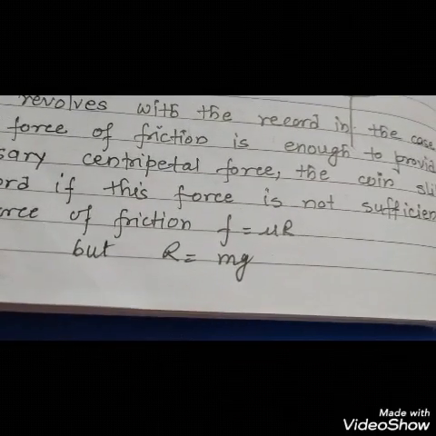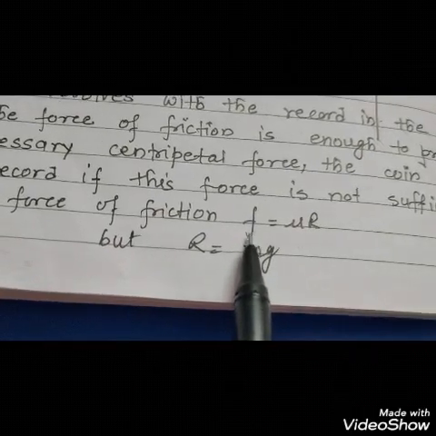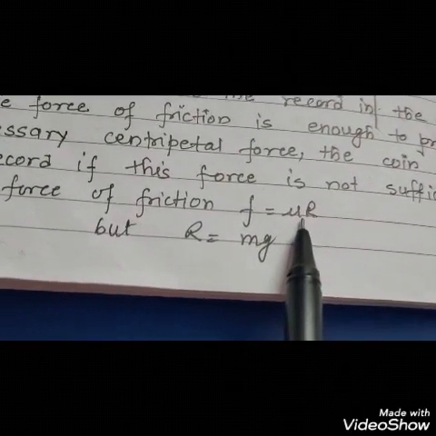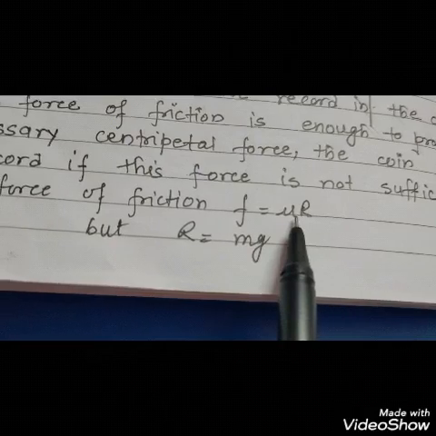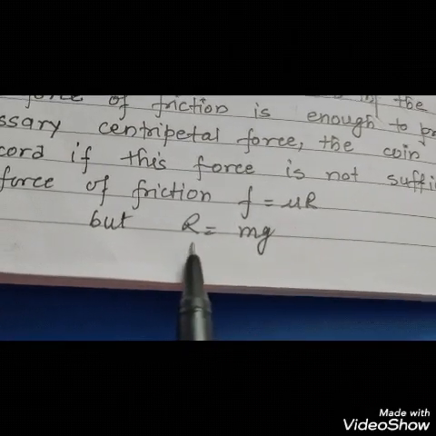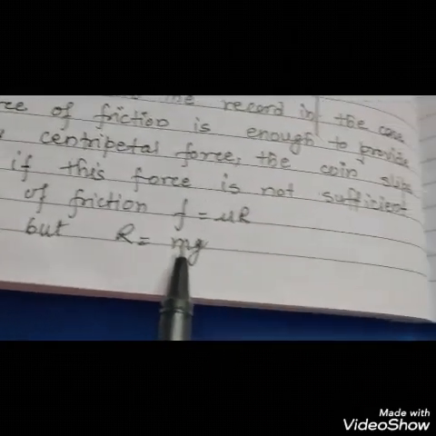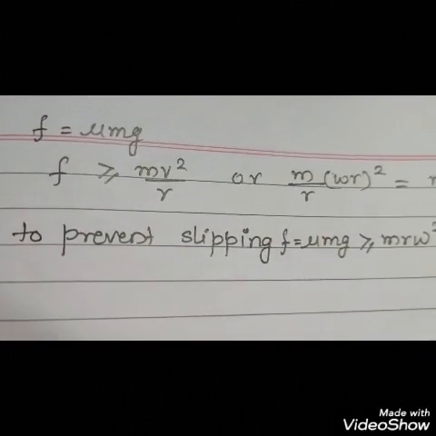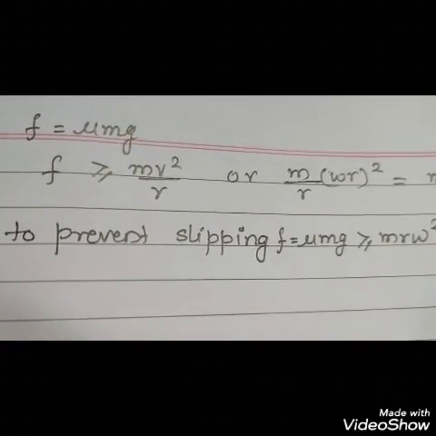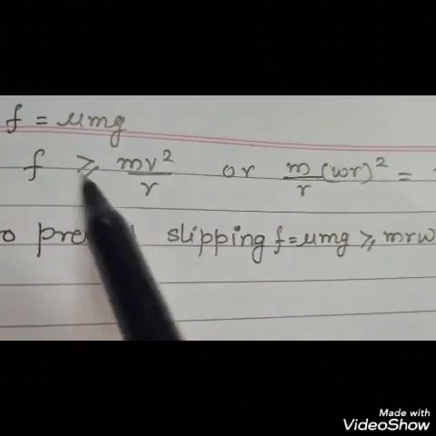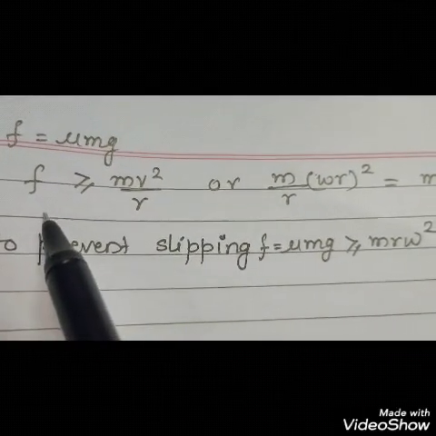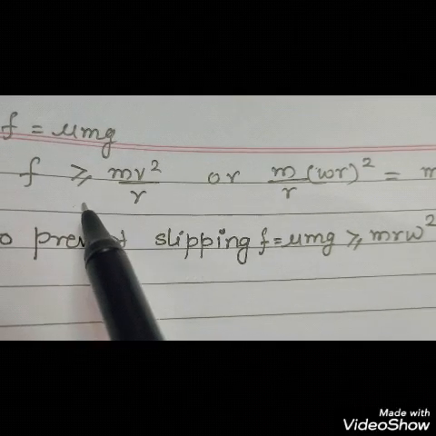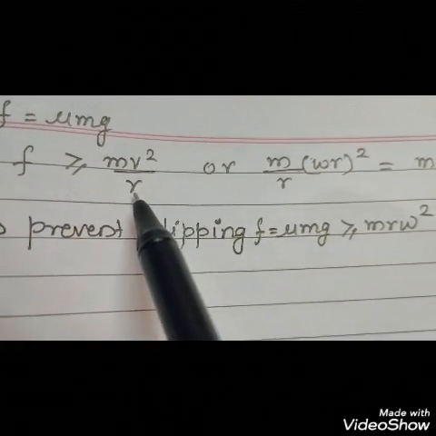So we know that the friction force F is equal to mu R according to the law of limiting friction, and R is equal to mg. So F is equal to mu mg, or F must be greater than or equal to mv square upon R.